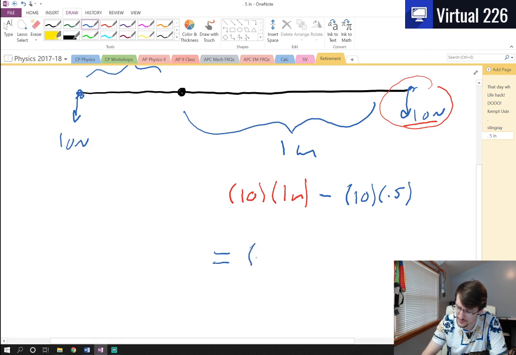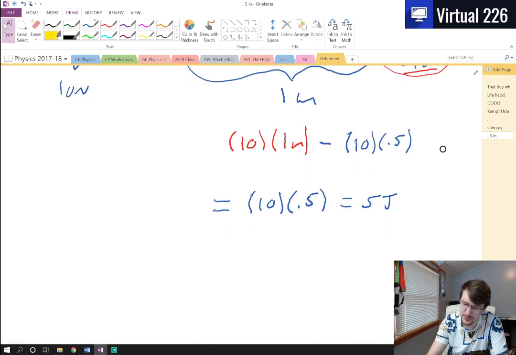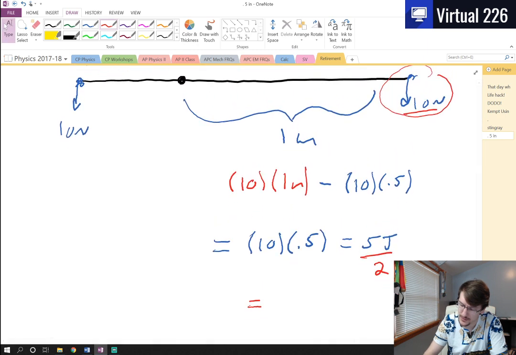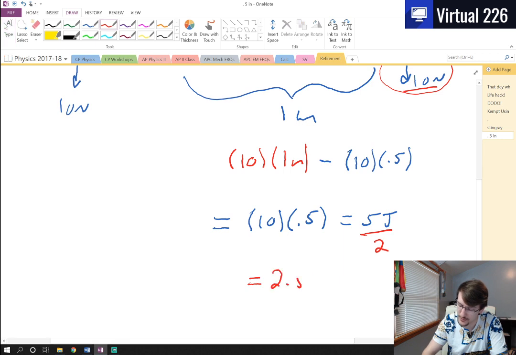So we should just get 10 times 0.5, which is 5 joules, and then you divided it by each one. And then you got 2.5 like that, and you told me 2.5 wasn't the answer.